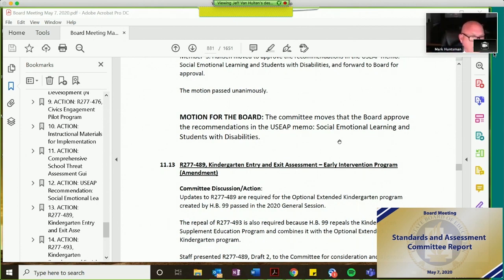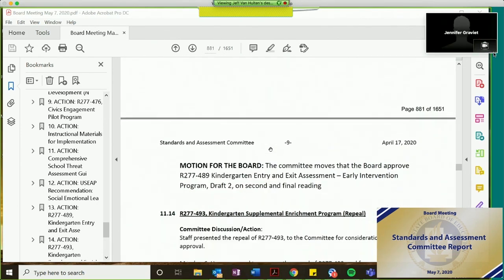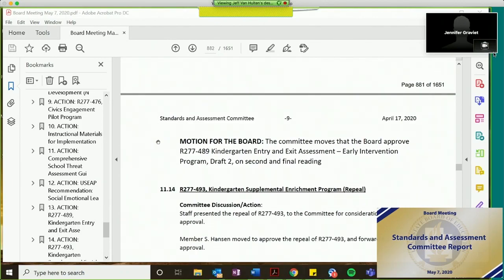Okay, 11.13, R277-489, the Kindergarten Entry and Exit Assessment Early Intervention Program. This is an amendment. The motion for the board is the committee moves that the board approve R277-489, Kindergarten Entry and Exit Assessment Early Intervention Program Draft 2 on second and final reading.